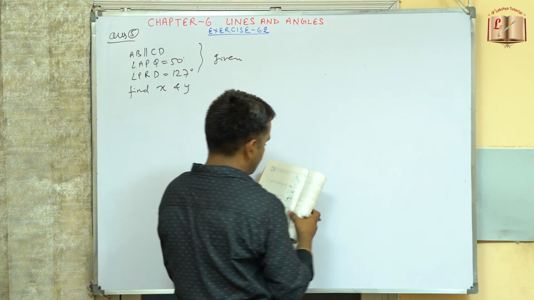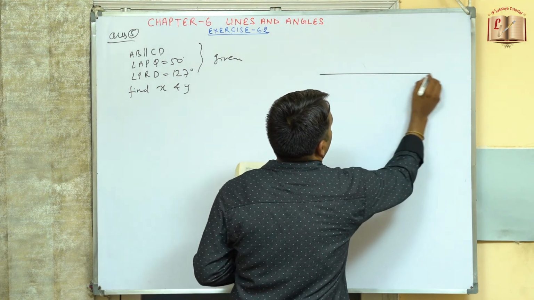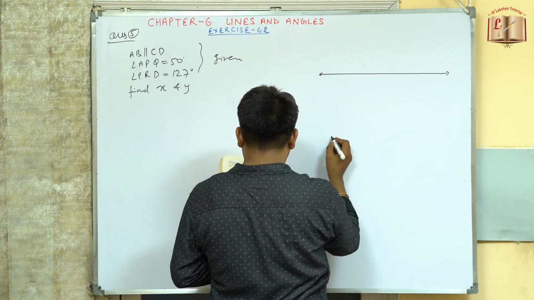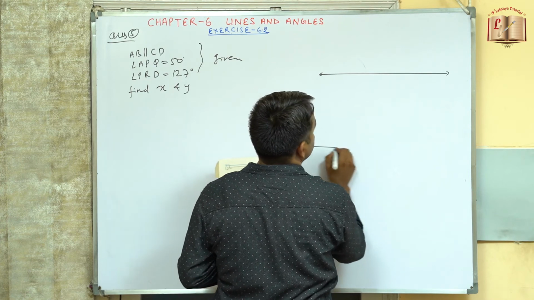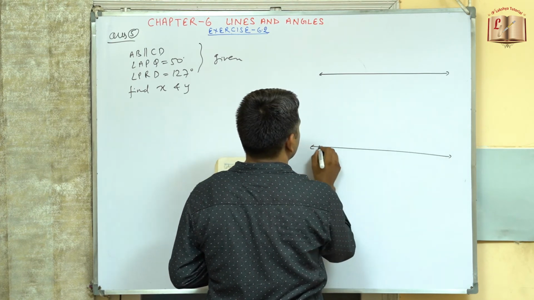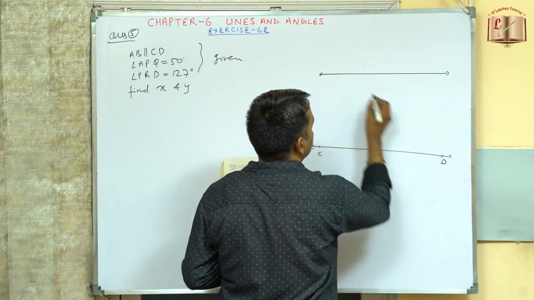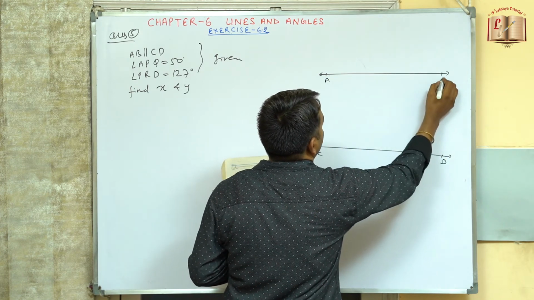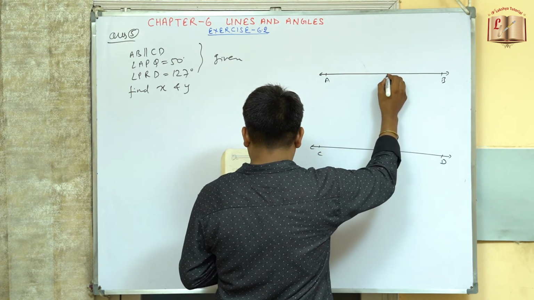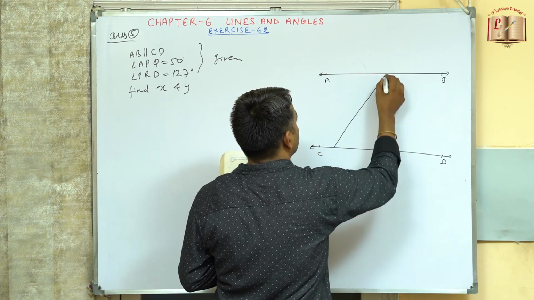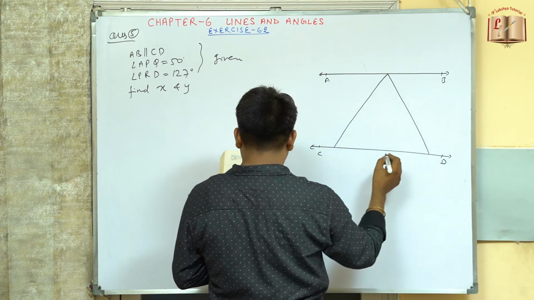Now the figure for this is a line AB and another line is CD. So this is C, D, A and B. So from here there are 2 points.